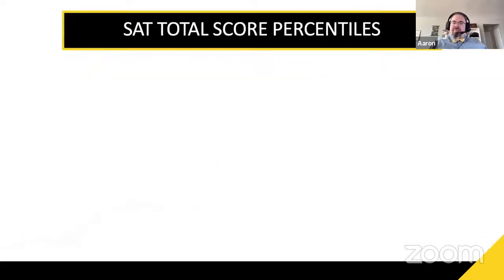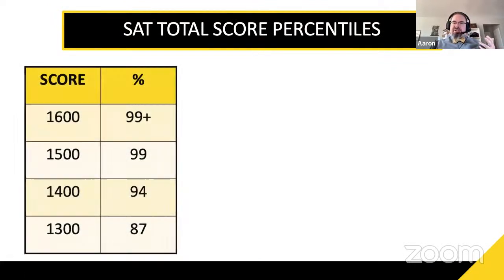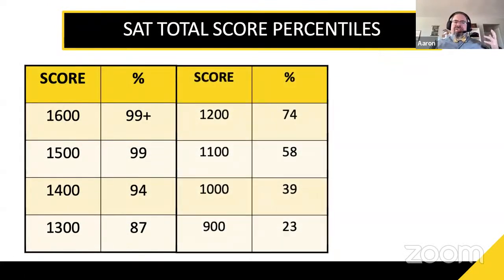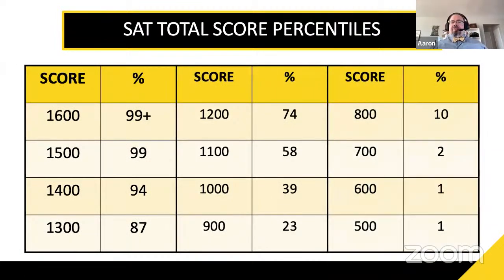And that's because SAT scores have always been based on percentiles. SAT score percentiles change slightly from test to test, but it has been the case for years and years and years that a 1500 is 99th percentile, which means you did better than or equal to 99% of people who took the test.